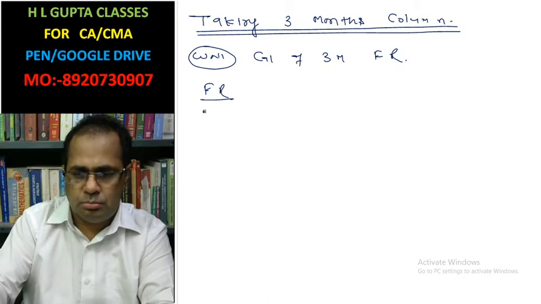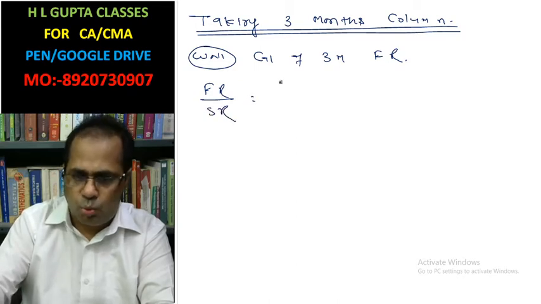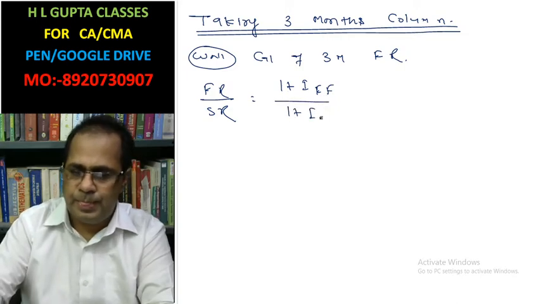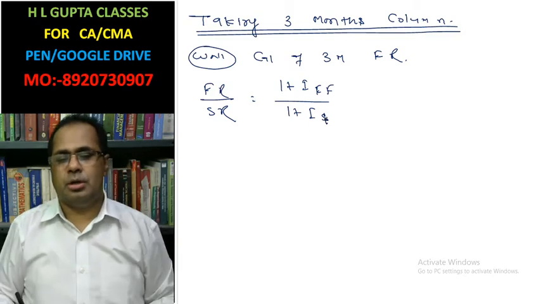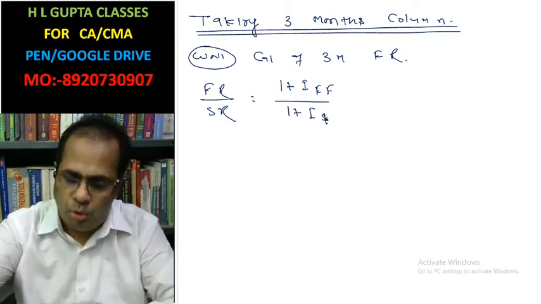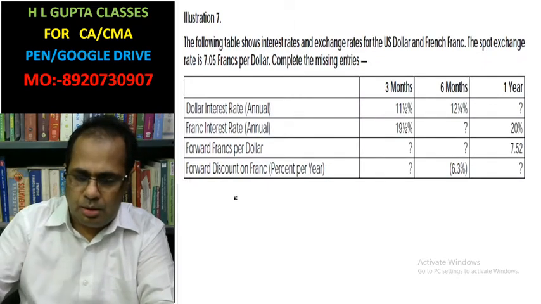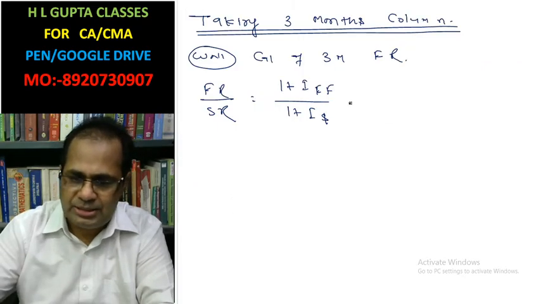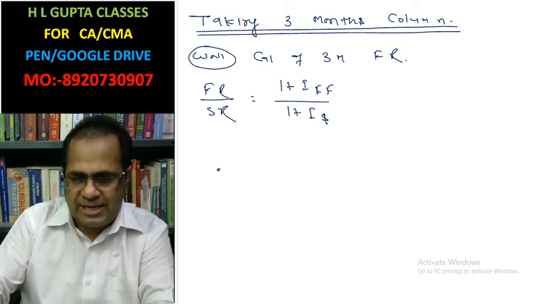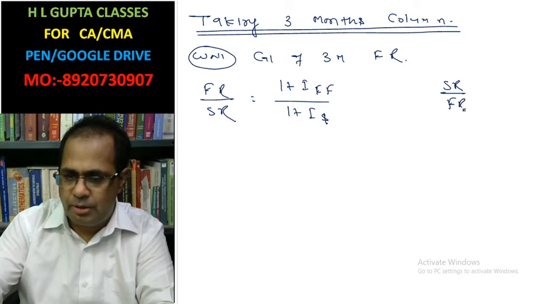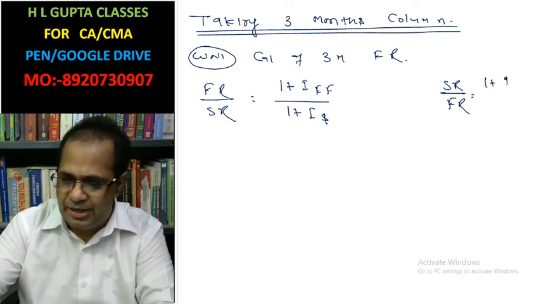Forward rate over spot rate equals 1 plus interest rate of French franc over 1 plus interest rate of dollar. Look at it, there are two types of formula. One type of formula is this, and the other type is spot rate over forward rate equals 1 plus interest rate of the other currency over 1 plus interest rate of the same currency.